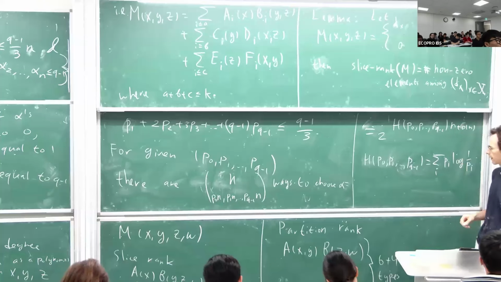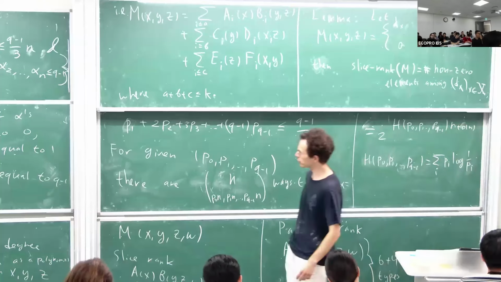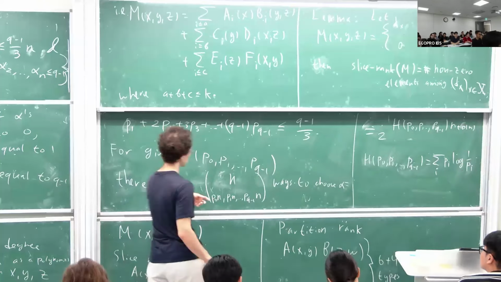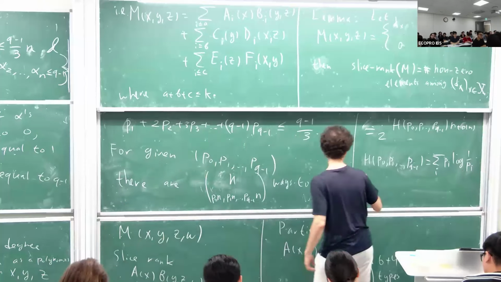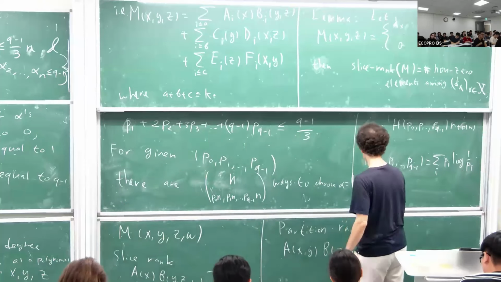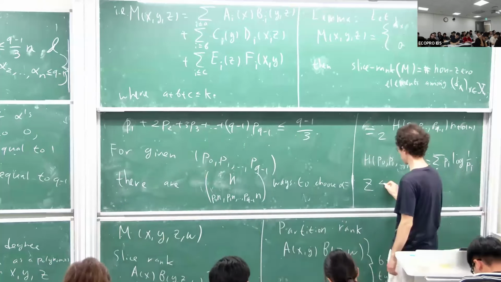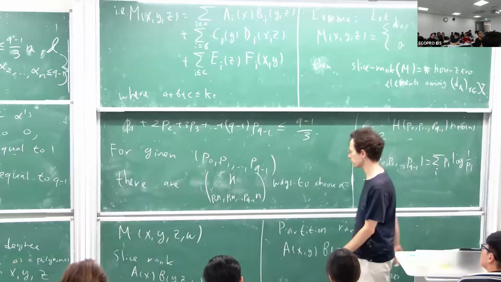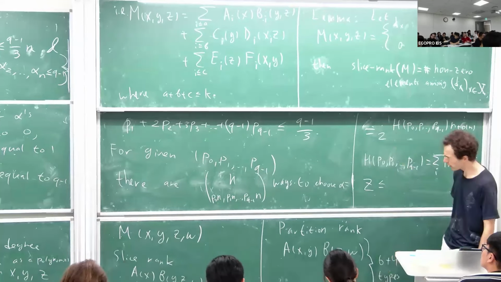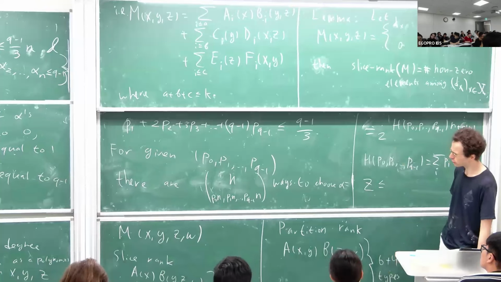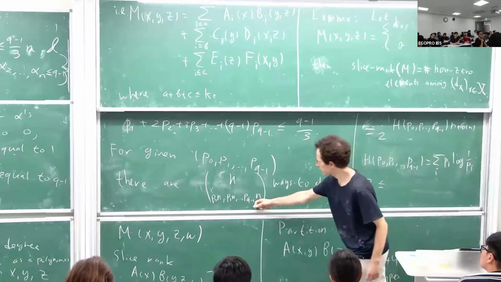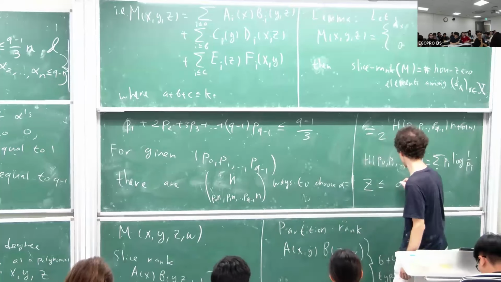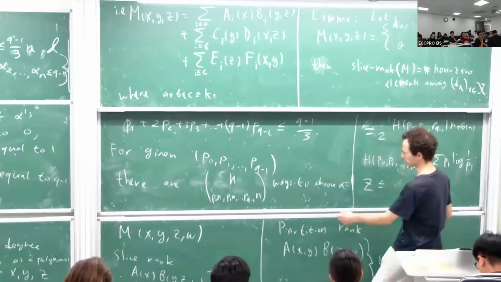Okay, and so then you can write z as the sum of things like this. So z is at most, well, first of all, how many ways can I choose these numbers? It's just a polynomial in n: how many ways I can partition n into q numbers.